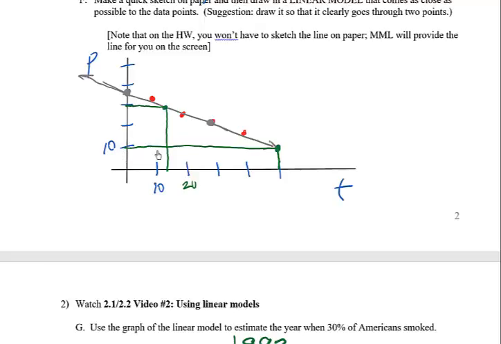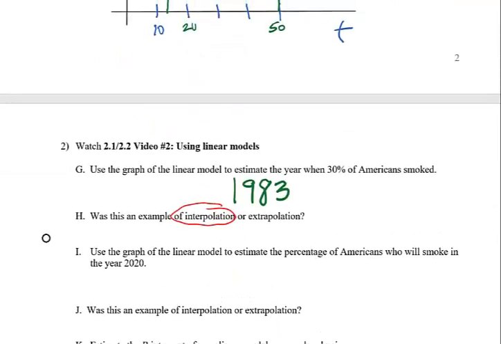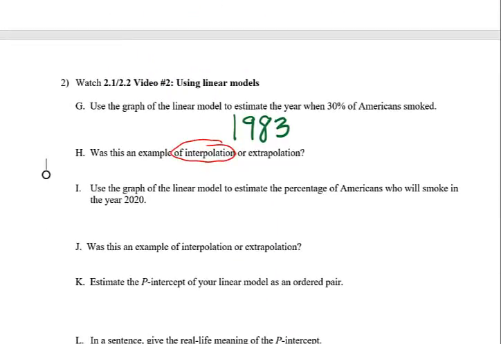In other words, the point (50, 10) is on my linear model. What's the 10? Well, it's 10%. That then is the answer to question I. Our estimate for the year 2020 is that 10% of Americans will smoke, according to our linear model.